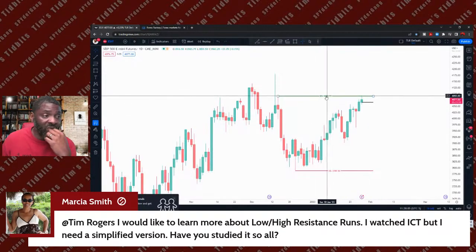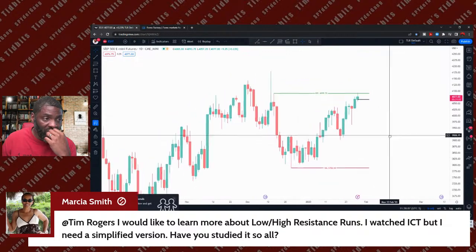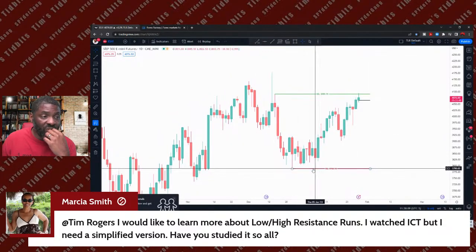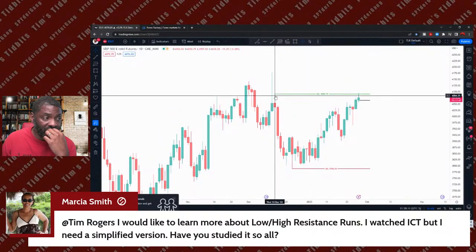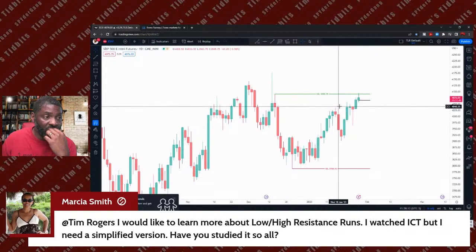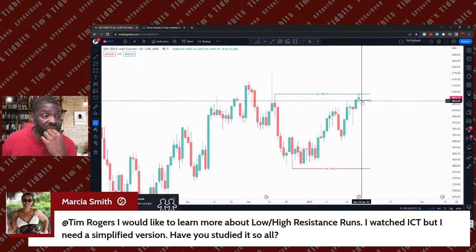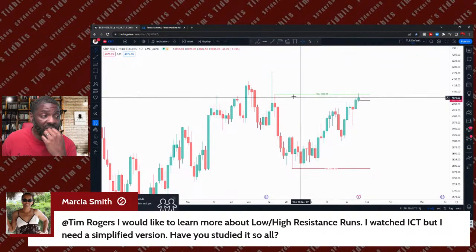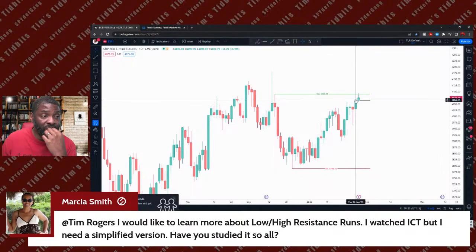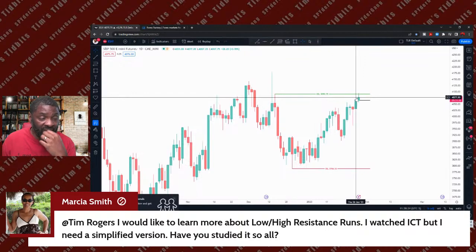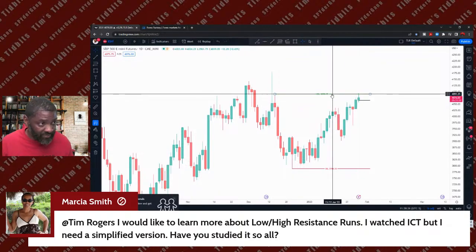So the buy side liquidity here and the sell side liquidity there. What's the path of least resistance to the liquidity? What's in between the open and that buy side? The only thing in between is yesterday's prior high.